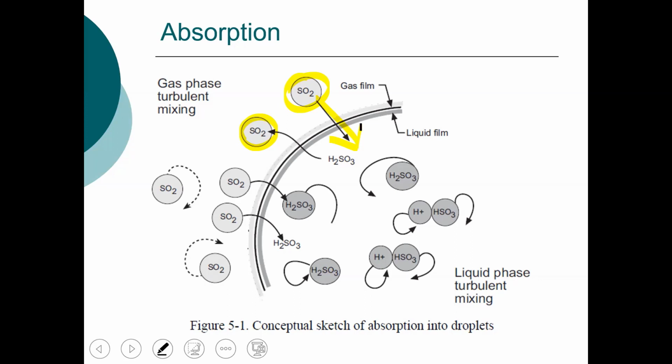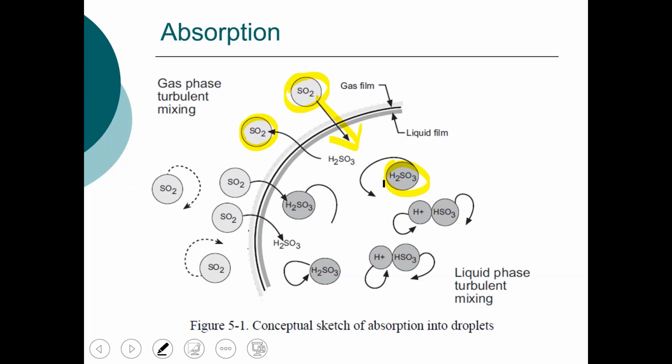So we can strip that SO2 from the gas. We can neutralize it actually, because you see we produce sulfurous acid. So we can actually add lime to the liquid to neutralize that acid. But we're looking at the transfer of that chemical from the gas phase to the liquid phase.